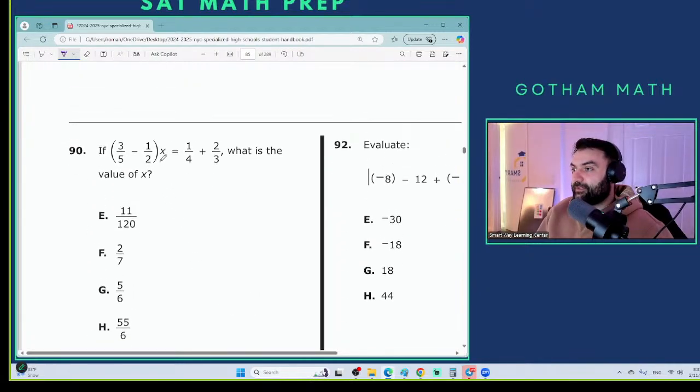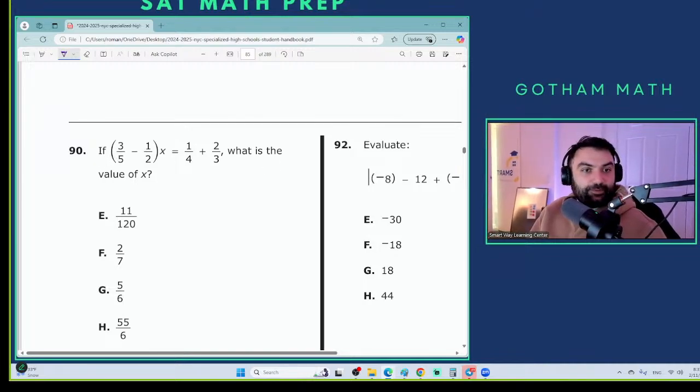This is calculations with fractions. Let's see what you guys got. H, H, H. H was right. I'm not going to go over it right now, but I will still need the work. But I assume you have the work since you all got it.